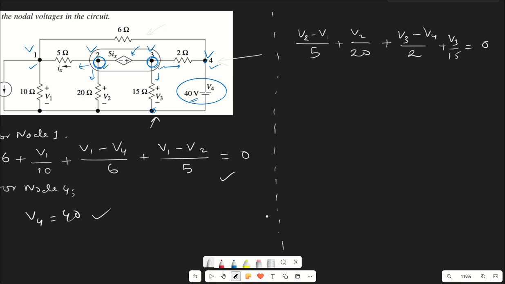Okay. Now next will be the KVL equation. We will be writing the KVL equation in this mesh where we have the supernode. First we have to have a direction, so let us consider this is our direction. In this direction, the voltage drop across this point is V3, the voltage across this point is V2, and this is our 5Ix. So what will be the equation?